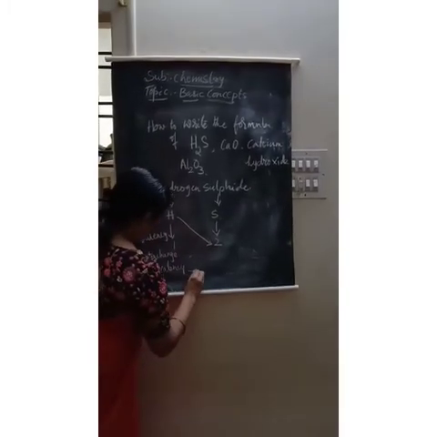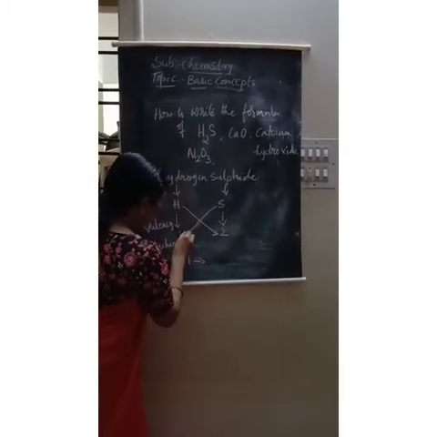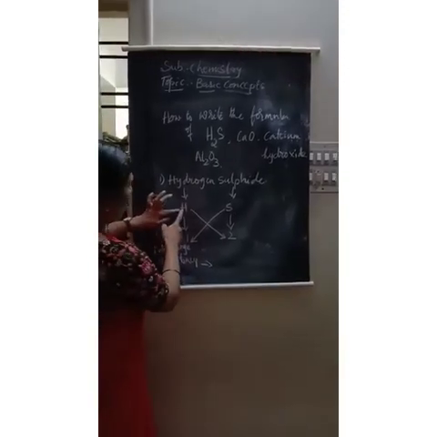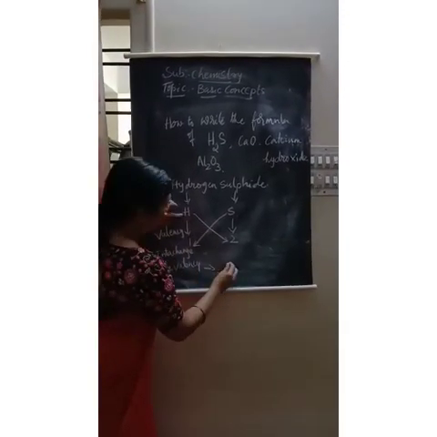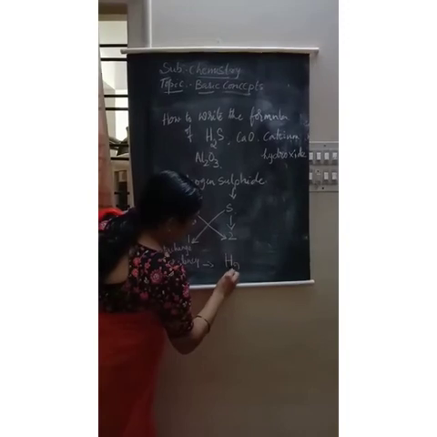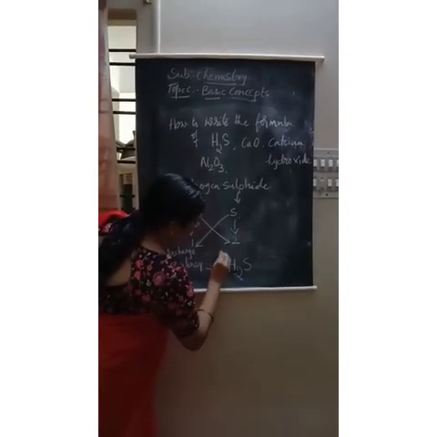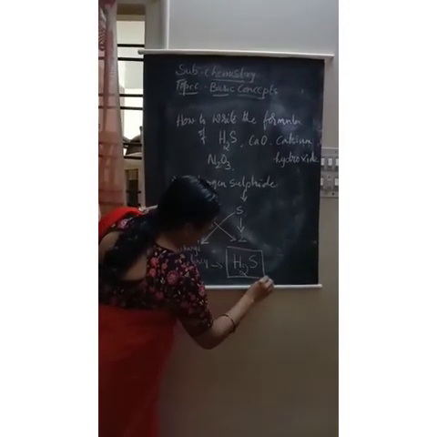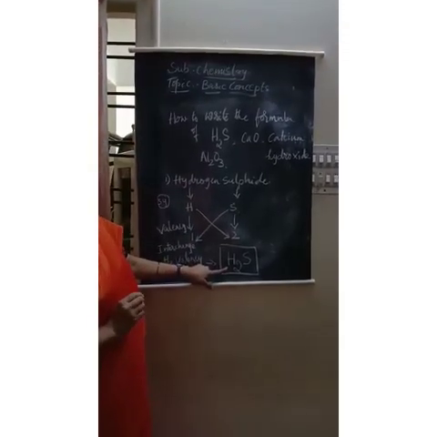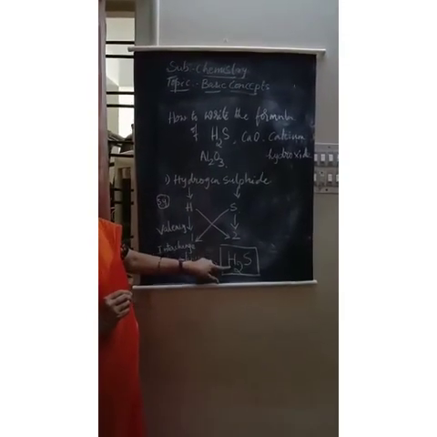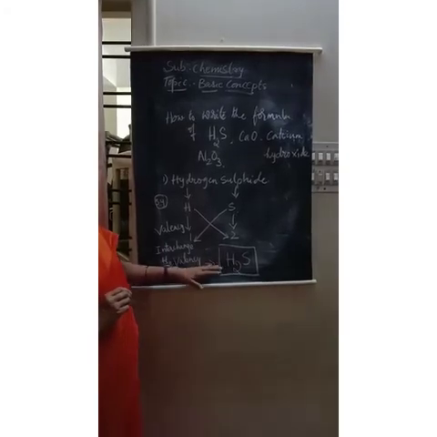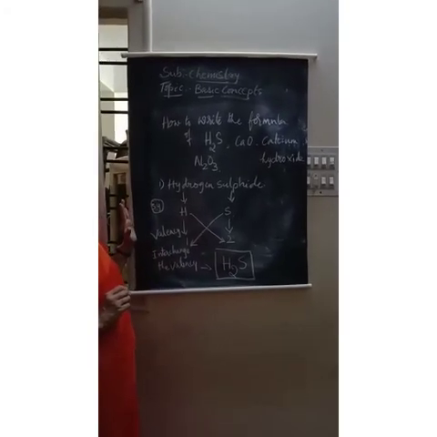When we interchange in a zigzag manner, we get a compound H2S. The correct formula of hydrogen sulfide is H2S. This is the way to write compounds.